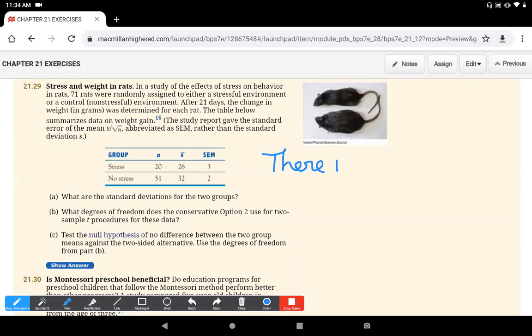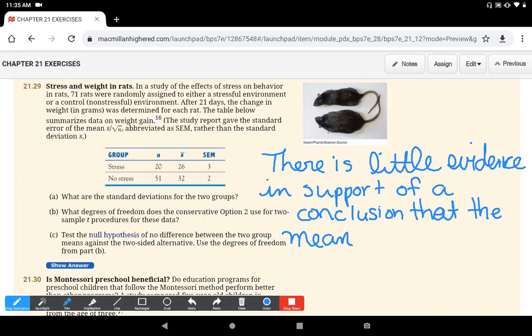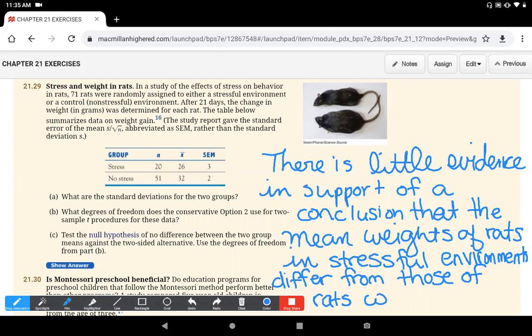So in conclusion, there is little evidence in support of a conclusion that the mean weight of rats in stressful environments differ from those of rats without stress.